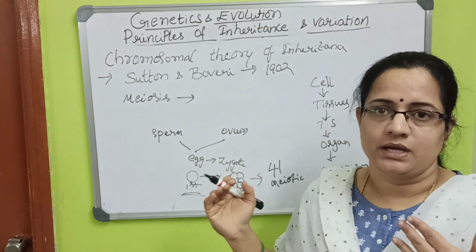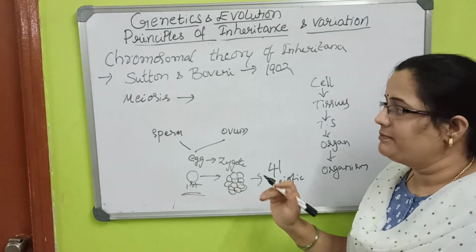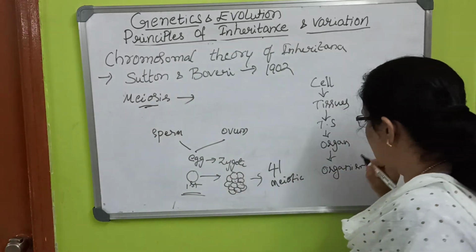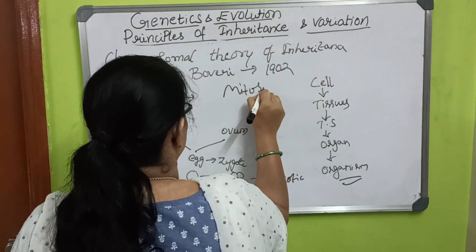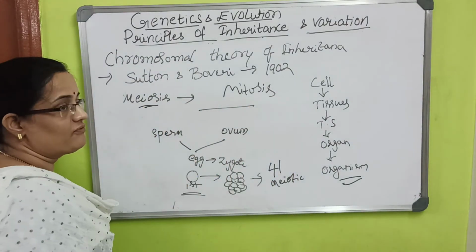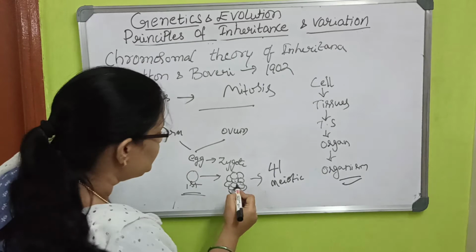By ten months all organs have formed and the complete baby has come because of meiosis and mitosis. This is the chromosomal theory of inheritance, how chromosomes move in these cells.